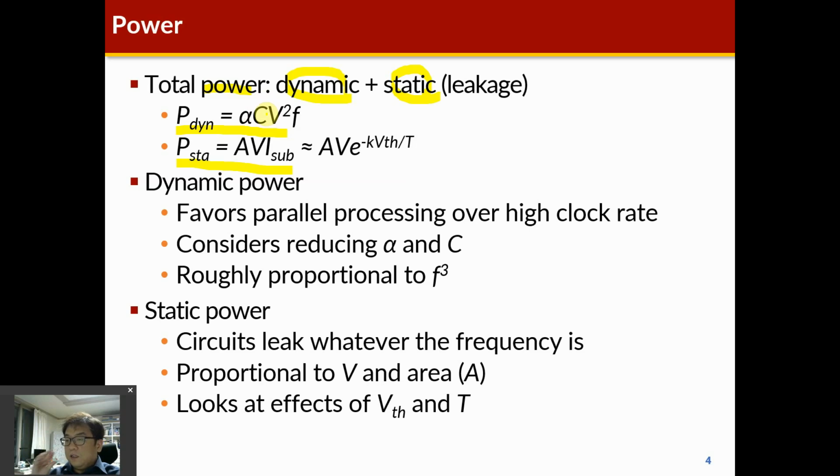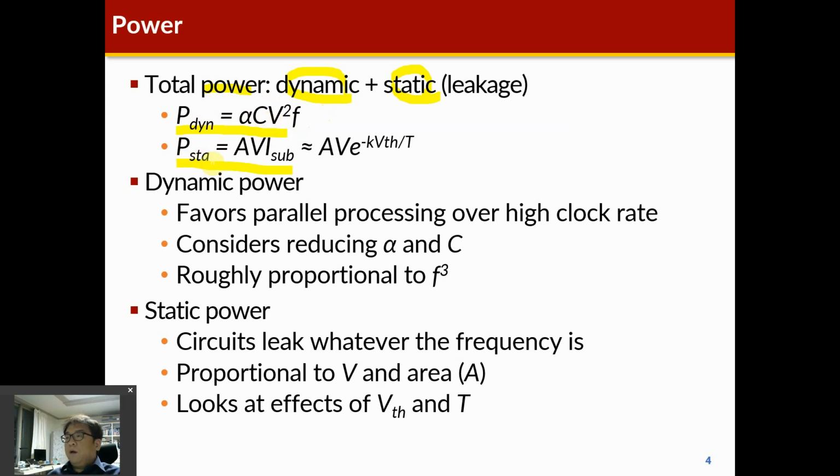So C is proportional to the overall total area of the integrated circuit, because this circuit includes some parasitic capacitance to store some electric charge. And then V is the supply voltage, and then F is the clock frequency of the circuit. So dynamic power equation is alpha C V square multiplied by F.